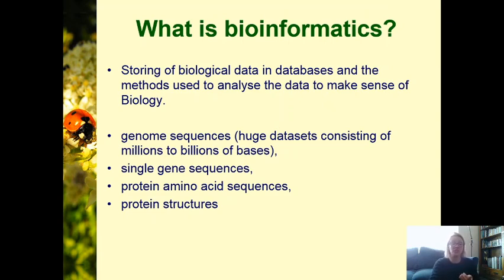So for instance, they can use genome sequences, single gene sequences, base sequences, amino acid sequences, and protein structures, in order to study that organism and look for evolutionary relationships between organisms.